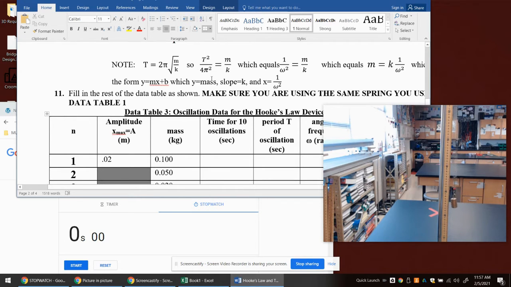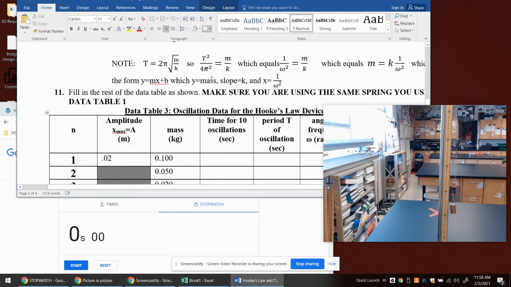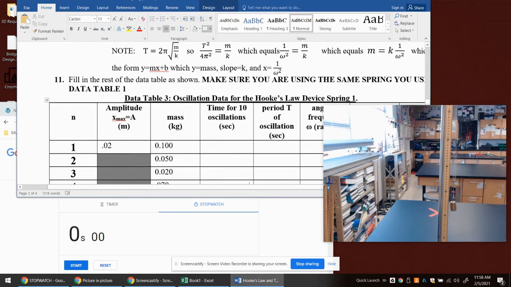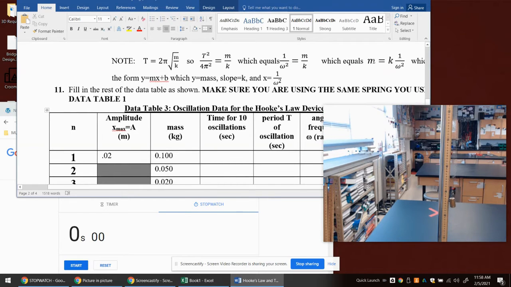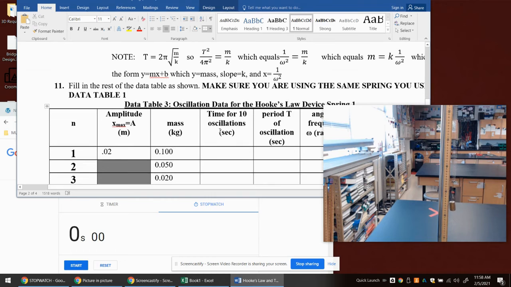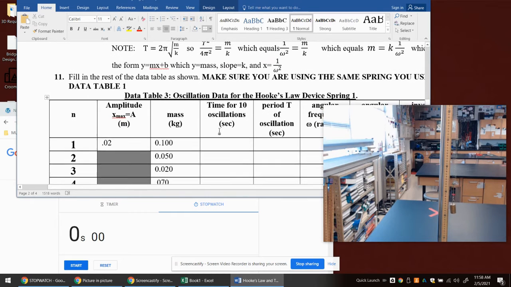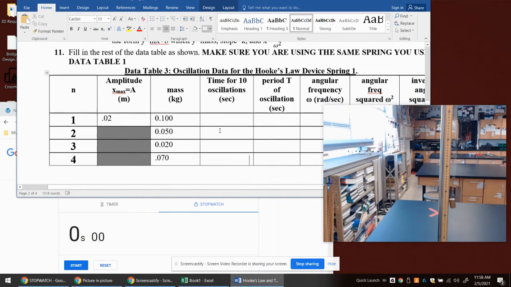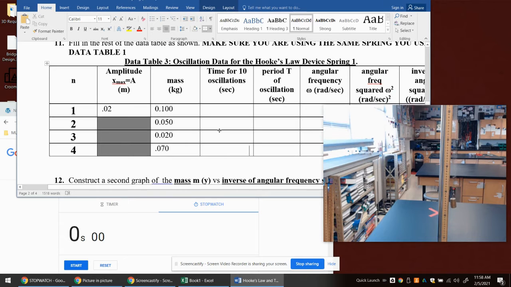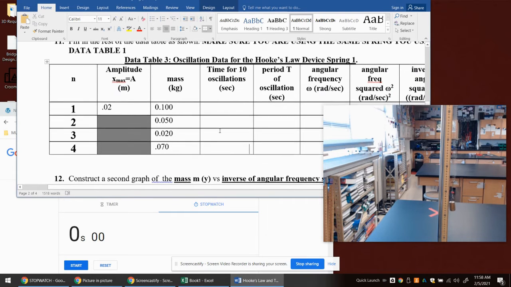But for today, knowing that we're solving this, m is going to be, again, on our y-axis, and the value that we'll calculate out for omega will go on our x-axis. The slope will be the spring constant.